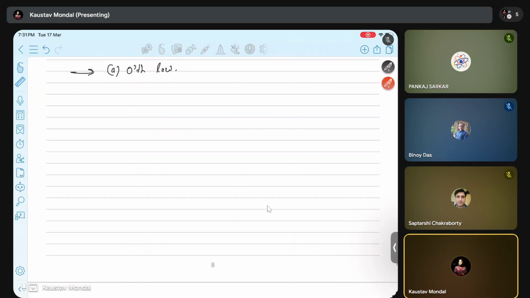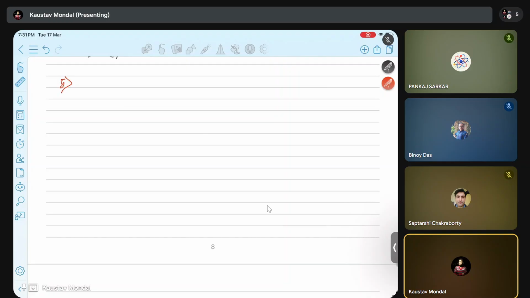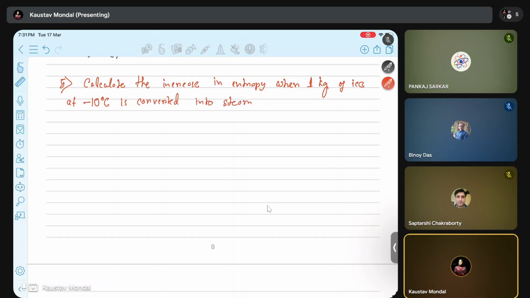Now, question 5. Calculate the increase in entropy when 1 kg of ice at minus 10 degrees centigrade is converted into steam at 100 degrees centigrade.